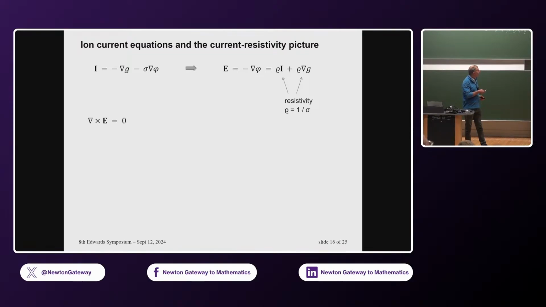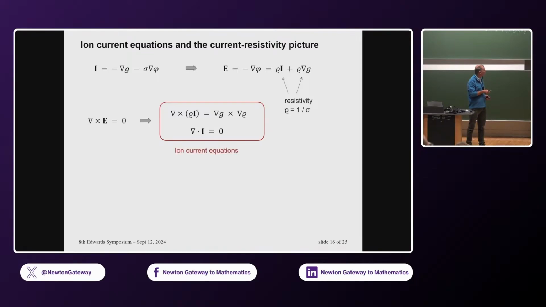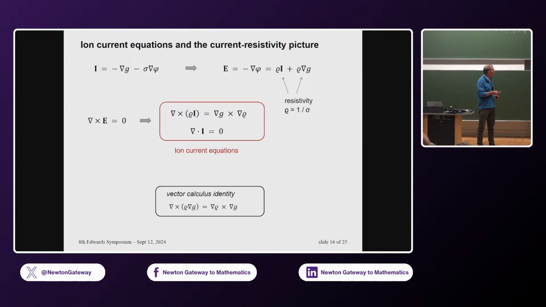Now the thing is, being the gradient of a scalar, the curl of the electric field vanishes. So if you take the curl of this equation, you find that something rather neat falls out, which is what I call the ion current equations. And to get the term on the right-hand side here, you have a curl of rho times I, and we want to take the curl of this thing.